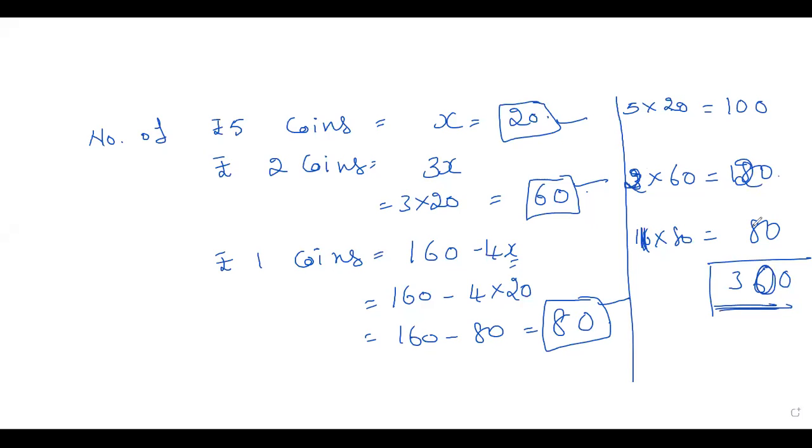So that is 100 plus 120 plus 80, that is 300. So the total amount is 300. Okay, children. So 20, 60, 80, that is 160. 160 is the number of notes. 300 is the total amount. Okay. We'll see the next one.